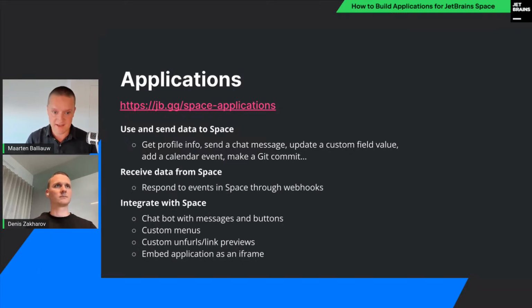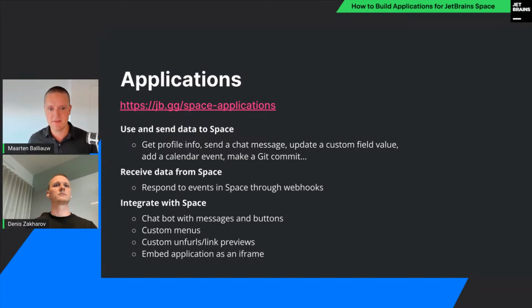You can push that data into Space, so send a message. But also, if you want to get data, you can use the API to get data from Space. So a basic application could be something as simple as a console application that you run that reads some profile information from Space, does something with that and prints some output to the console. So that could be an application.